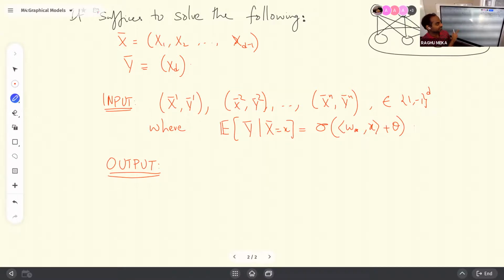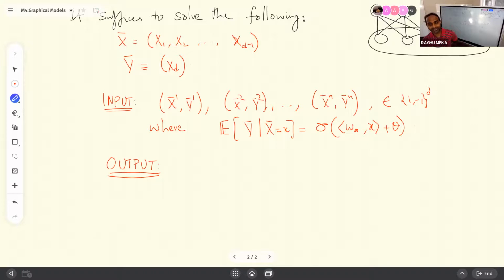But in this generality, when I don't assume anything about x bar, it's not going to be possible always. Here in this formulation, I'm trying to forget all the additional information I have about x bar, that it itself is coming from some kind of Ising model. I'm just trying to set it up as a regression problem.